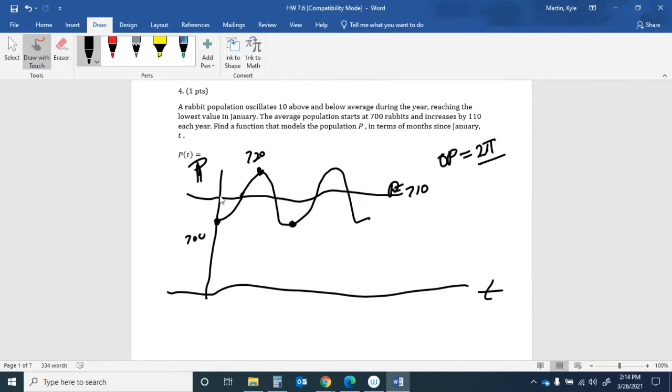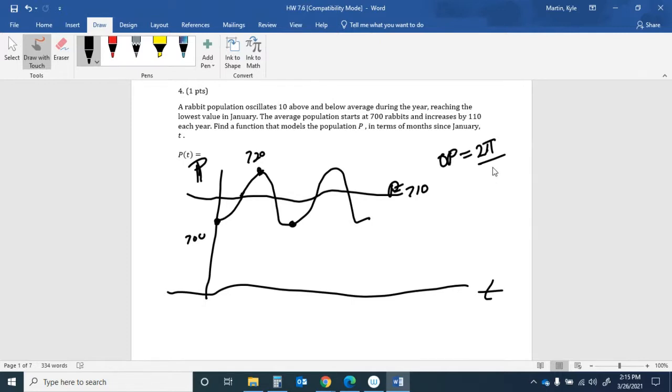But cosine, unless it's been shifted left or right, doesn't go through the midline at the vertical axis. So cosine is the one to use. And it's been reflected, because usually cosine starts up high and then comes down. So we know it's got a negative in the front, and we know cosine makes sense to use.